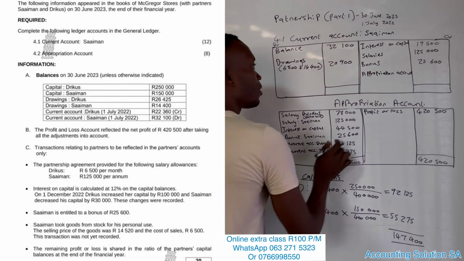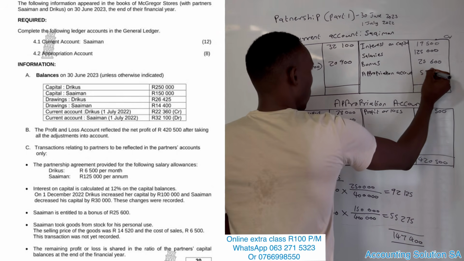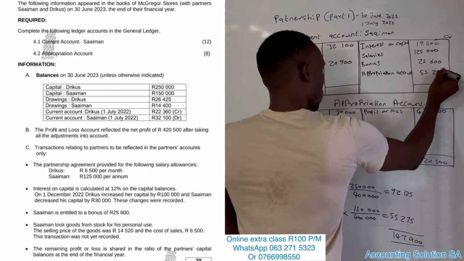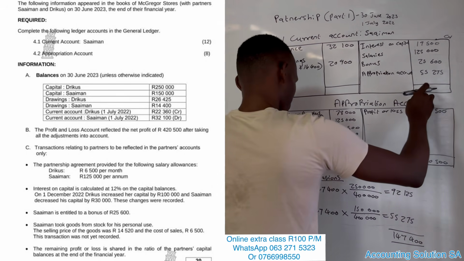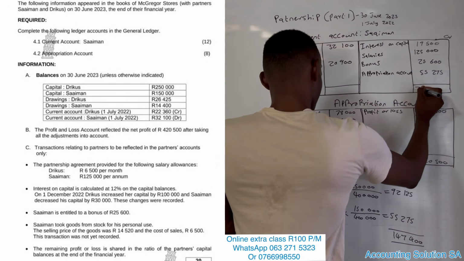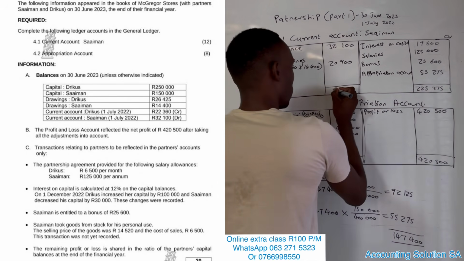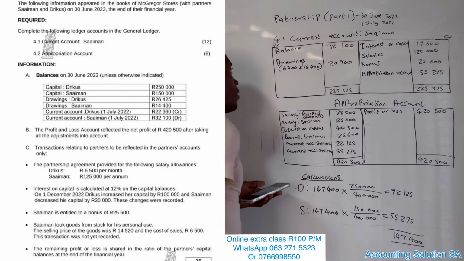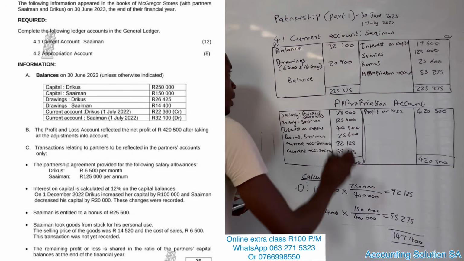Remember, for Simon we must record it here also, because we were required to prepare his appropriation account. 55,275. Okay, if you add this total here, they're going to give you 225,375, which you have to write here, 225,375. And now after that, let's calculate this as a balancing figure.